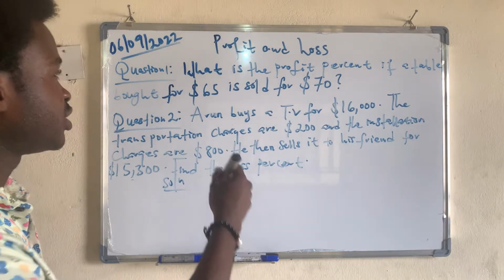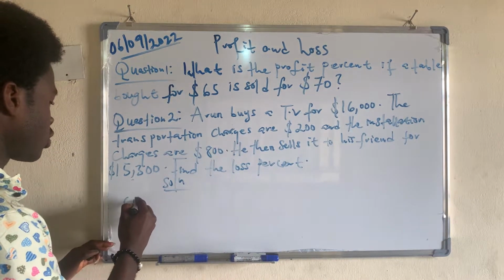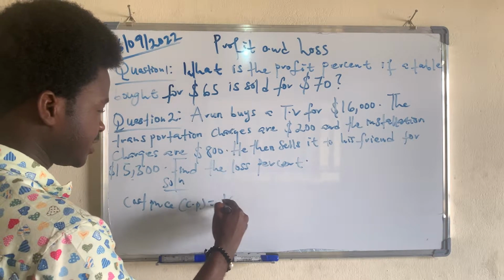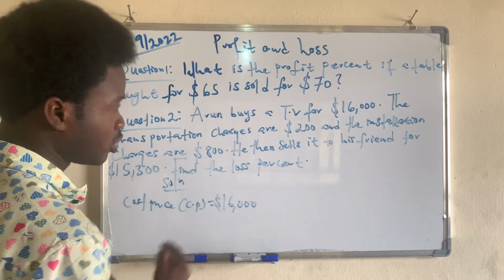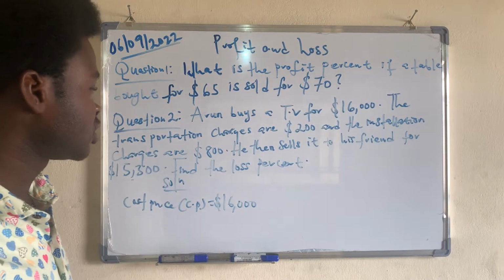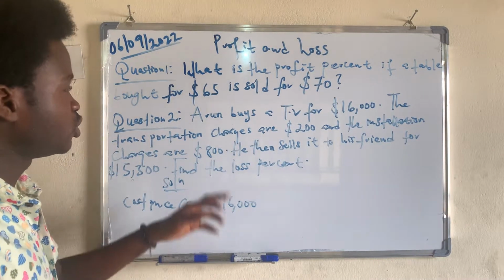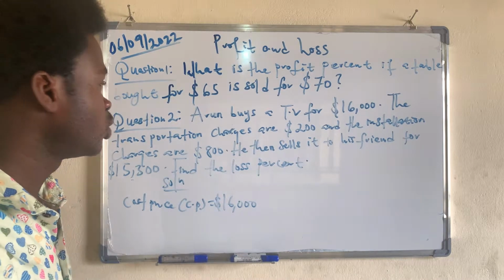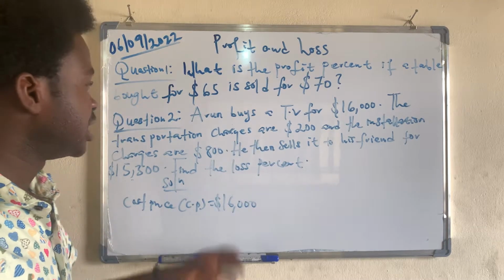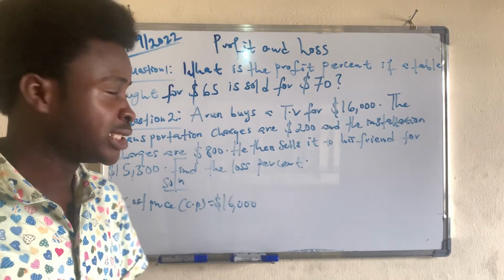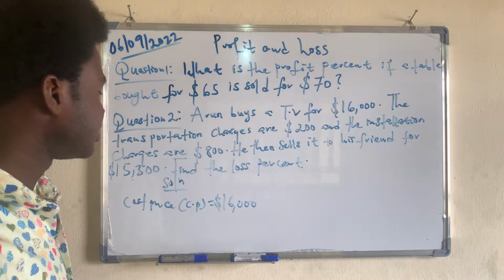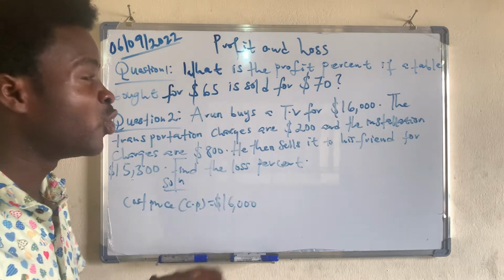It entails some other expenses different from problem number 1. Firstly, you can see that your cost price here is $16,000. That's the amount he bought the TV. Now we are expected to know that transportation charges and any other charge in purchasing an article, an item, is always added to the cost price. We call them overheads.